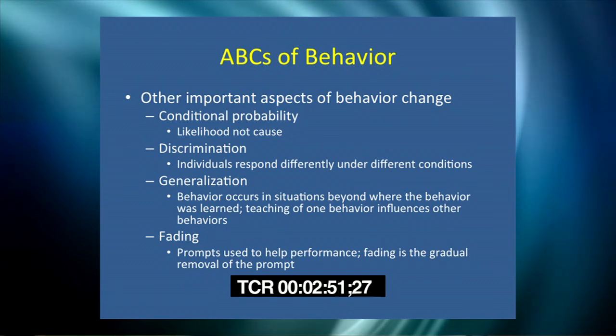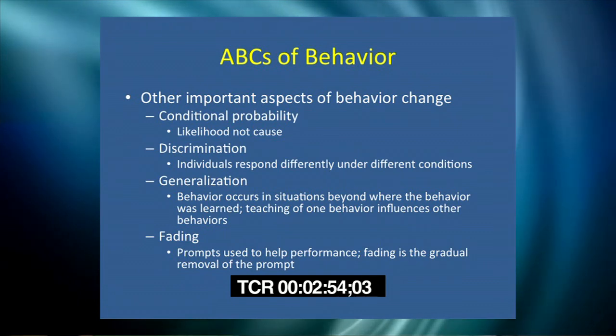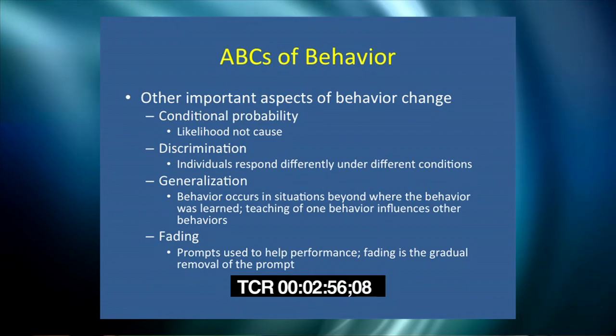The next aspect of behavior change that I want to mention is discrimination, which is that individuals respond differently under different conditions. That may seem very obvious, but take the example that in an hour it'll be just about time for lunch, and we're all going to be a little hungry. Our attention to the ongoing activity may be slightly different than it would be immediately after snack break or immediately in the morning.